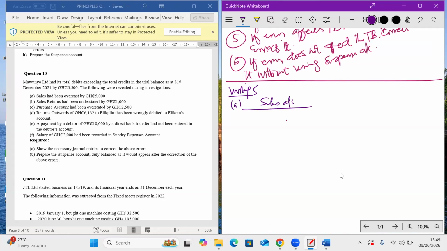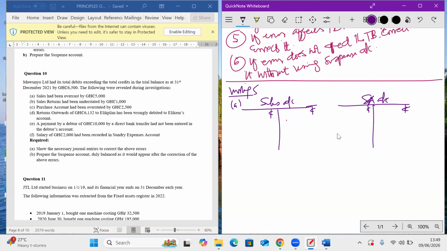So you do a T account for it. But they didn't state the other account. So let's say the other account is customer A. They didn't state it, but let's assume it.